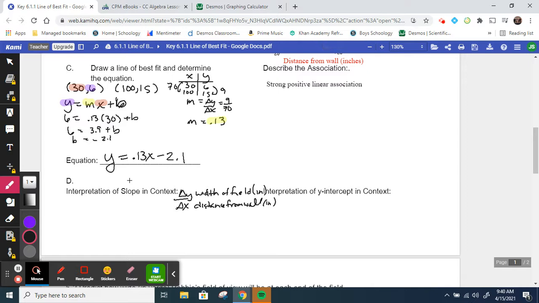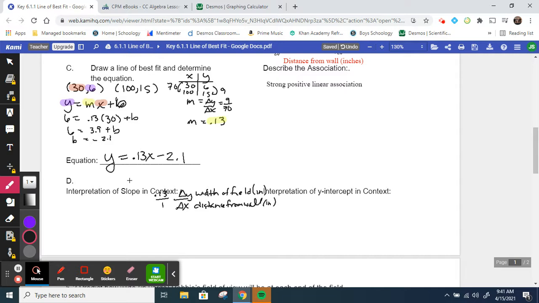So if our slope was 0.13, and we can think of it as being over 1, that means for every inch we increase in the distance from the wall, the width of the field will increase by 0.13 inches.